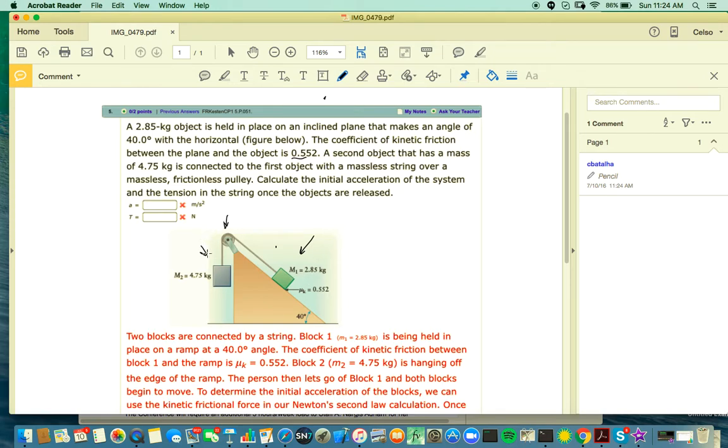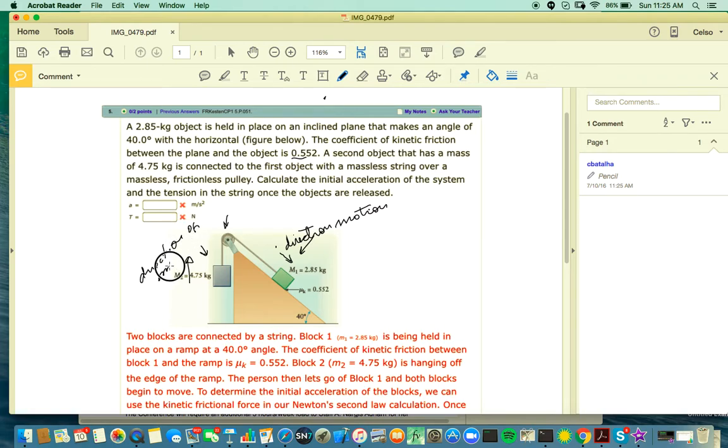The assumption is, if the green block moves downward like this, in this direction of motion, then necessarily this block moves upward, right? That's the idea.